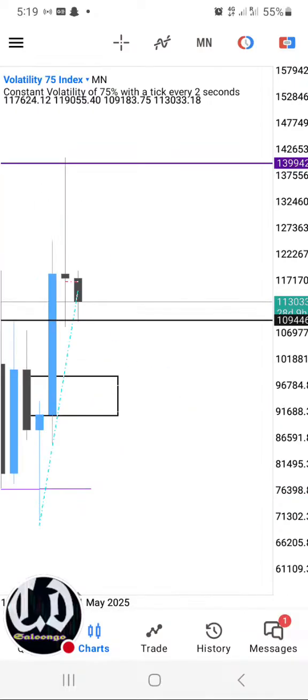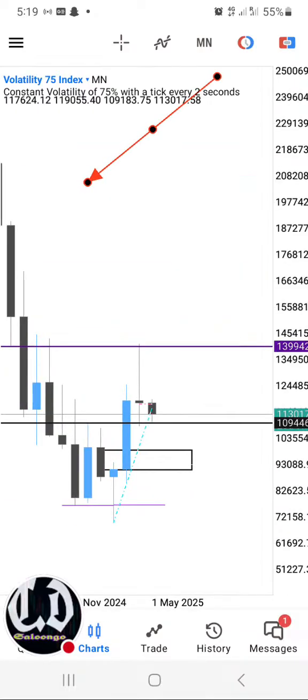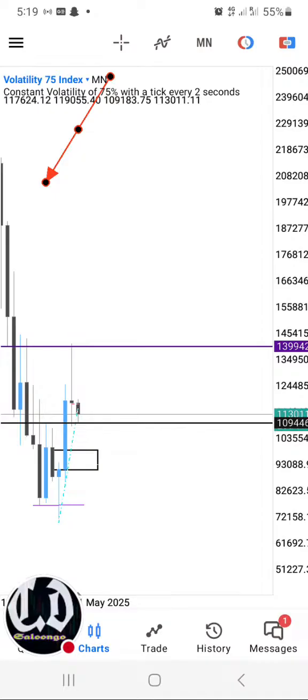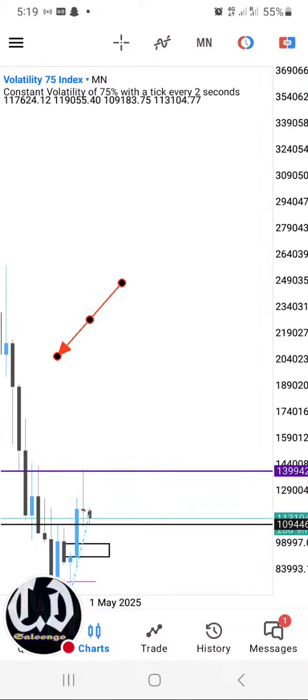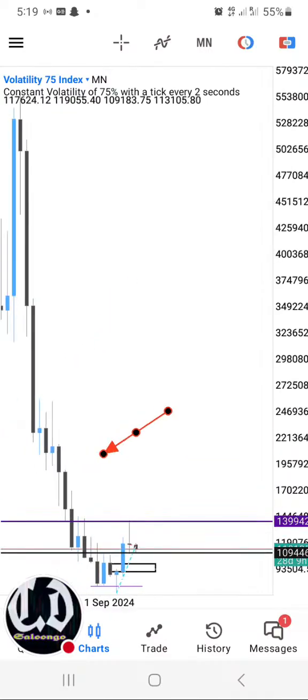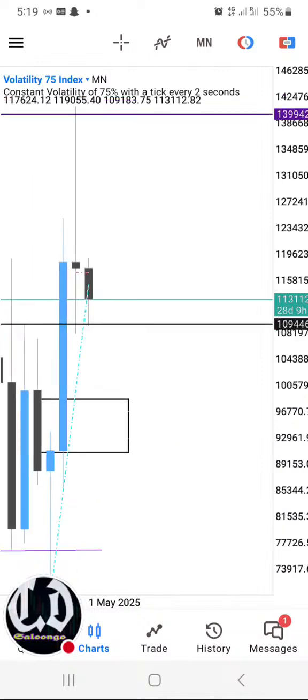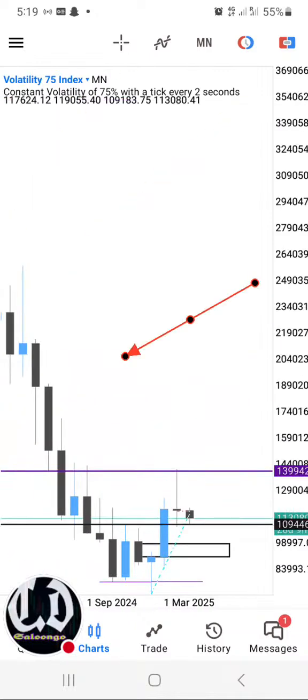So when we come here to see how these recent 1, 2, 3, 4, 5, 6, 7 months are performing, we can see that the price has been making a low, making a high, making a low. Are you getting the point?